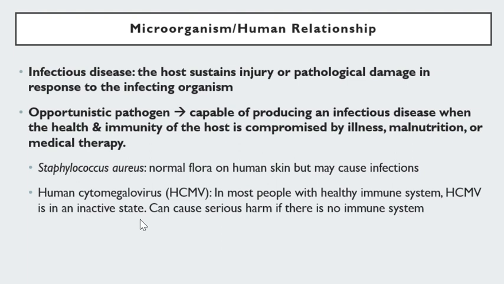All those big curves about your immune responses, those just don't exist. And so whenever you have an HIV infection or a graft problem, these opportunistic pathogens, whether it's Staphylococcus aureus or HCMV, flare up and can cause significant pathology and death, right? In and of themselves, they're not very dangerous, but if you don't have your immune system, they become very, very dangerous. Does that make sense?